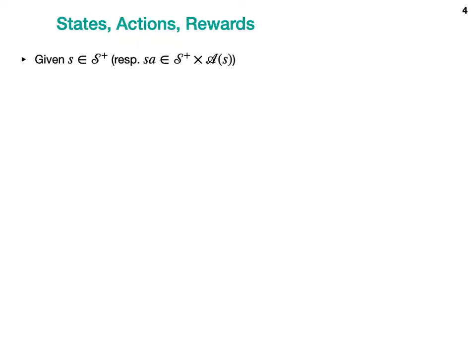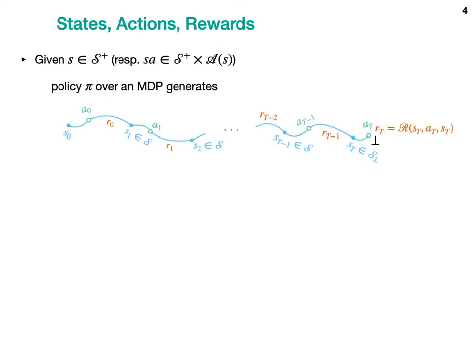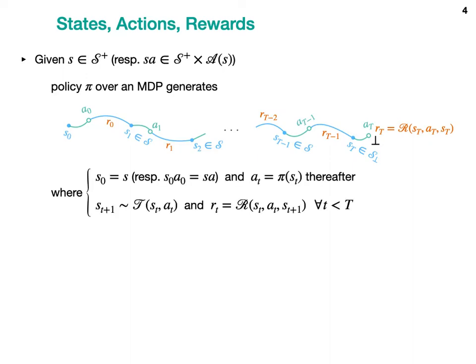Given a state S or a state action S, A, policy pi of an MDP generates alternating sequences of states, actions, and rewards, as you can see here, where the initial state or initial state action is determined by S or S, A, and then you follow the policy thereafter, with the next states and the rewards generated by T and the reward model R like this until a terminal state is reached.